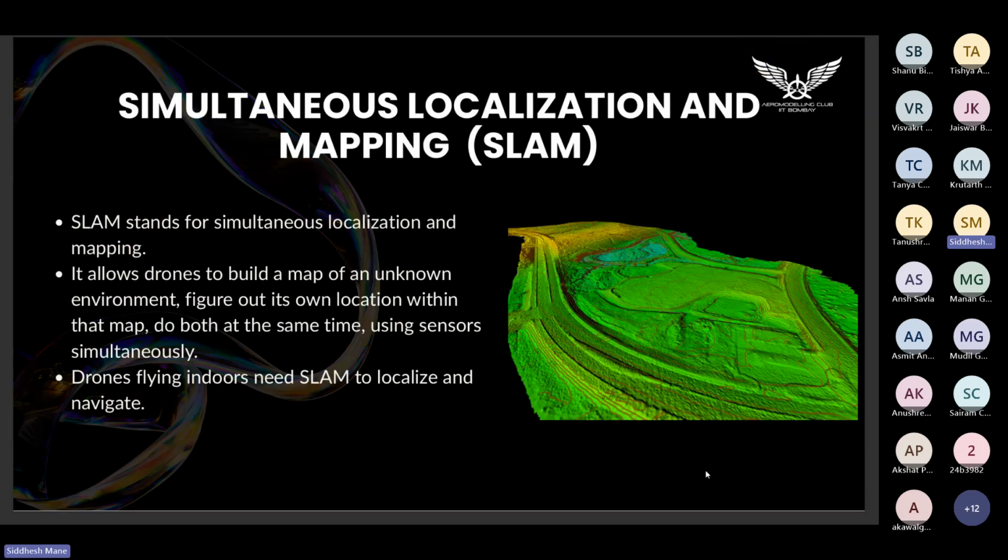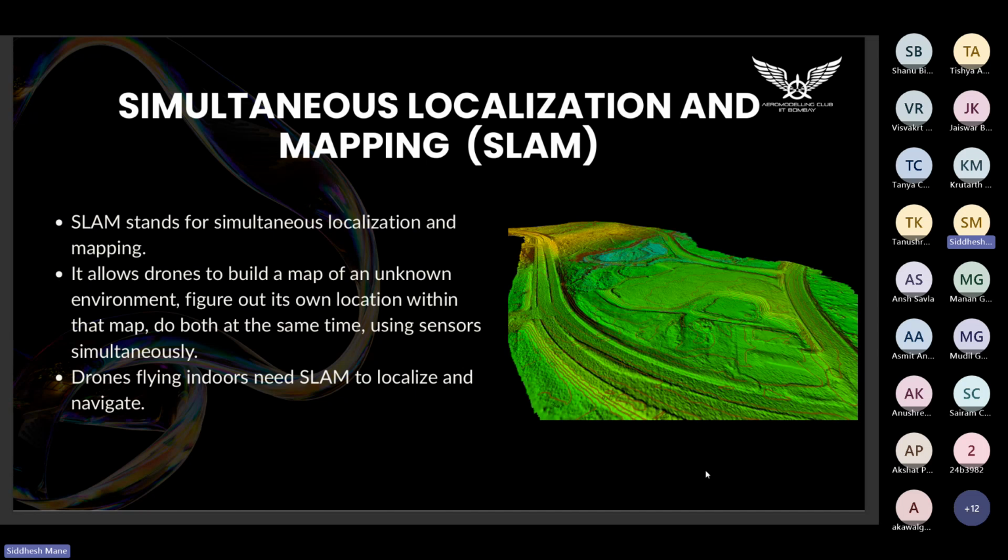Moving on to the next, there's SLAM. SLAM stands for simultaneous localization and mapping. It's a technology that allows a drone to build a map of its surroundings and find its own location at the same time.